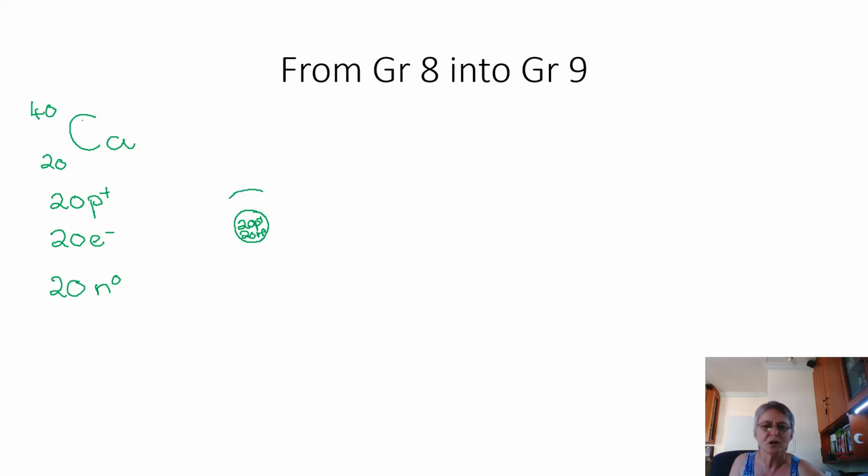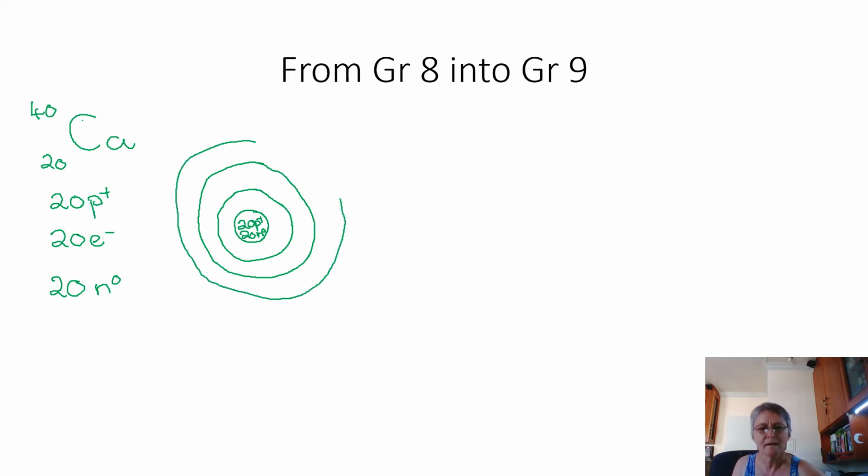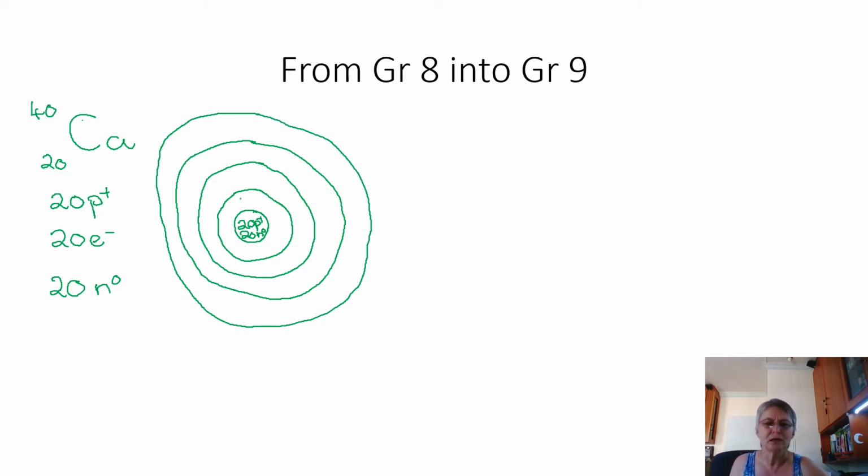And we learned that there are 4 energy levels, 1, 2, 3, 4, and we labeled them, and we said in the first energy level there can be 2 electrons, in the second energy level 8 electrons, and in the third energy level another 8 electrons, and 8 and 8 and 2 is 18.